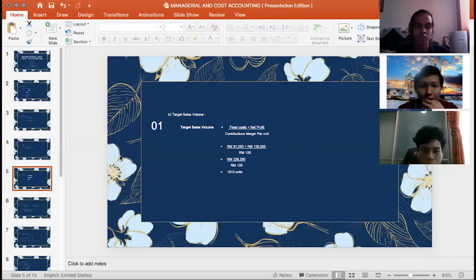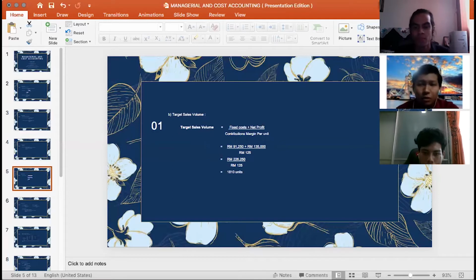Okay, so for the target sales volume, the net profit given is RM 135,000. To find the target sales volume, which is the units, we must use the formula: target sales volume equals fixed cost plus net profit over the contribution margin per unit.